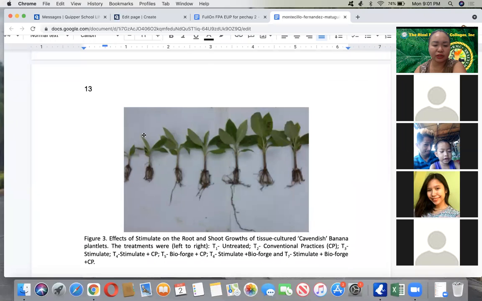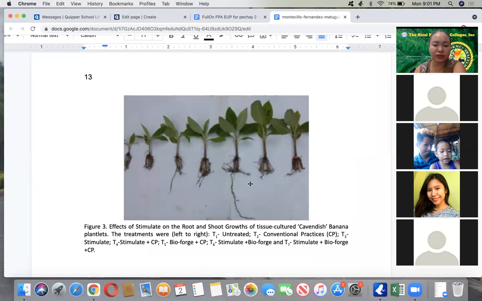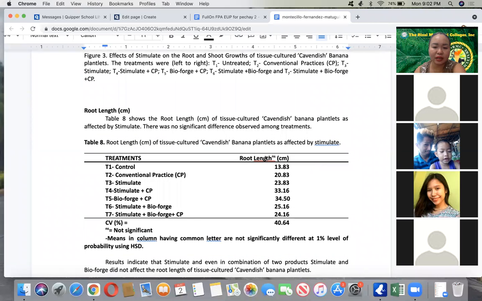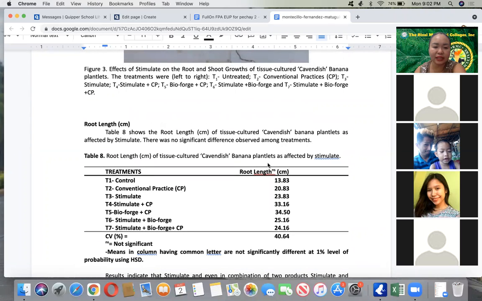So you have here also a figure to show the roots. You can see here, it needs to be in proper order. So this is T1 from left to right, T1, T2, up to T7 in the last. So you can see there is really a difference. But the root length is NS here.